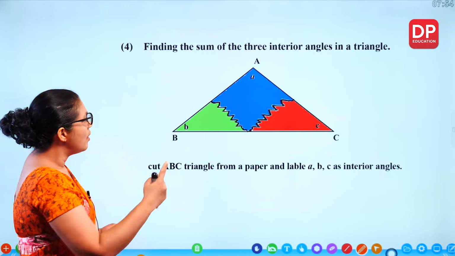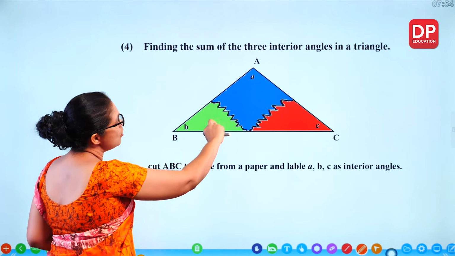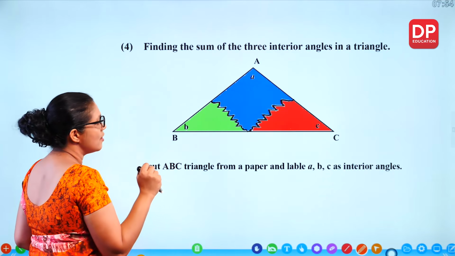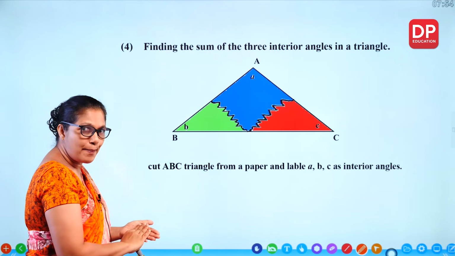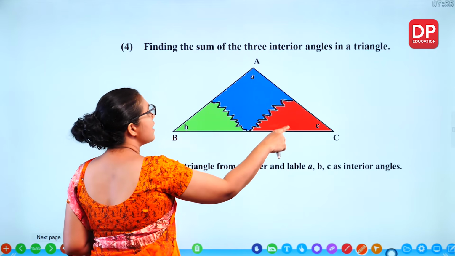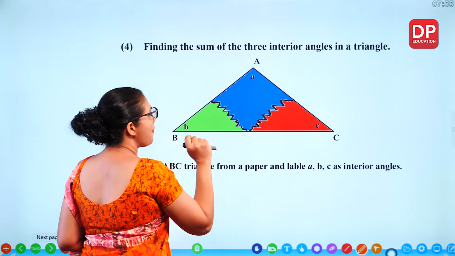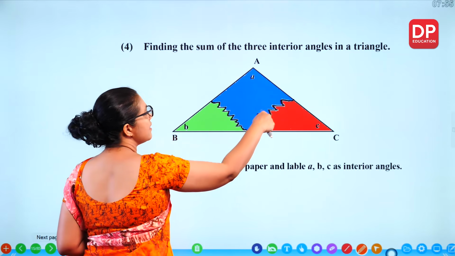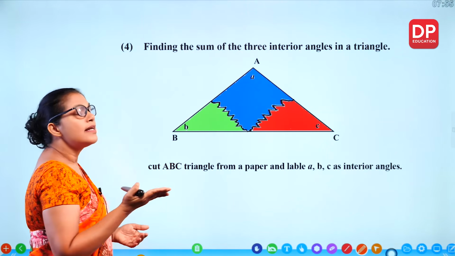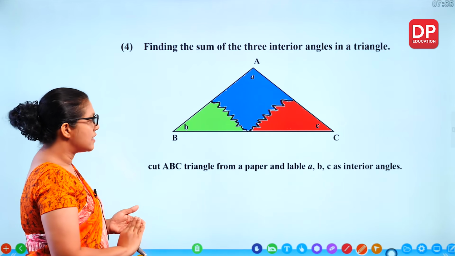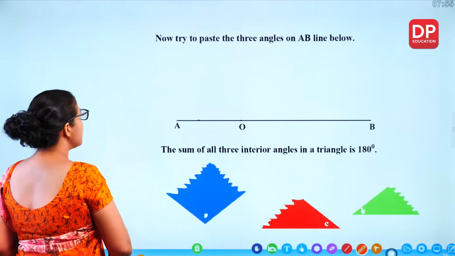What you can do is take a paper, draw a triangle, any triangle, label ABC and then cut it. Cut it like this and take those pieces and paste them on another sheet. We'll see what happens.